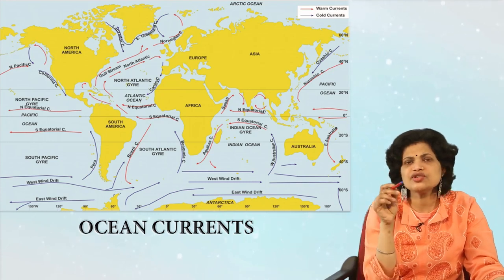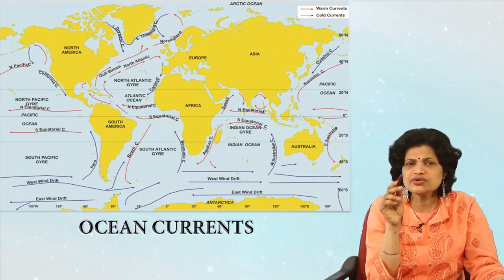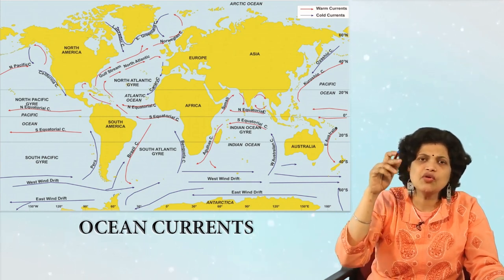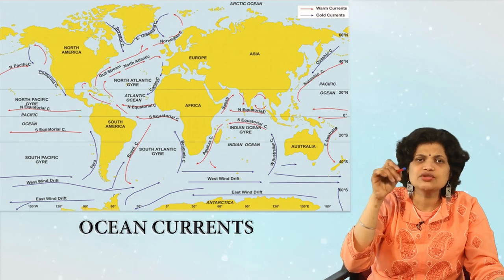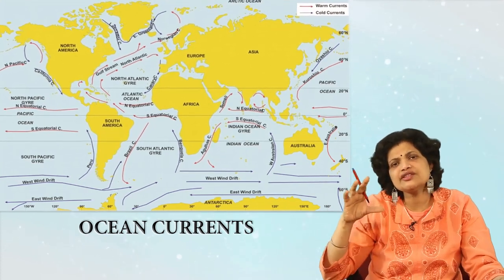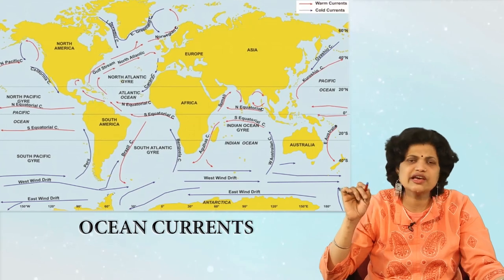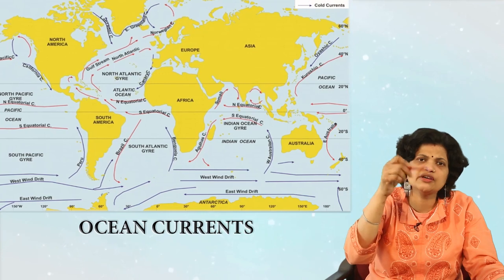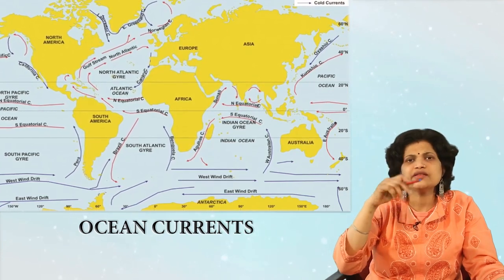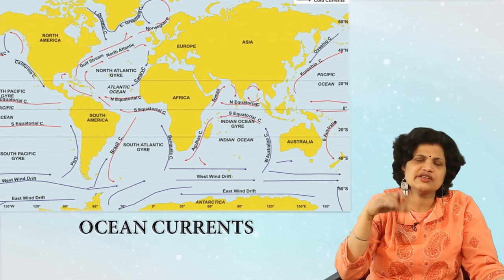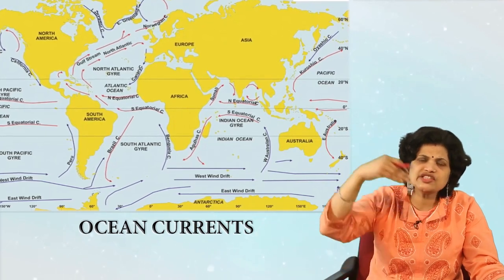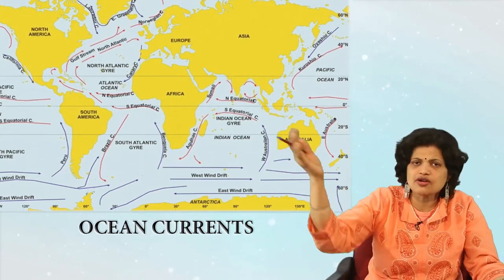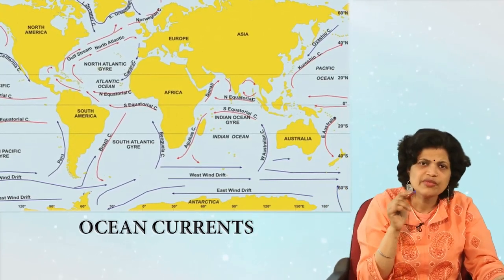In this way, an oceanic gyre is also found in the Indian Ocean, but since the northern part of the Indian Ocean has more of a continental part, there is a complete reversal of winds in the Indian Ocean. It starts like a north equatorial warm current, then Somali current along the coast of Africa, and then there is a complete reversal of winds, southwest monsoon winds during the summer and northeast monsoon winds during the winter.